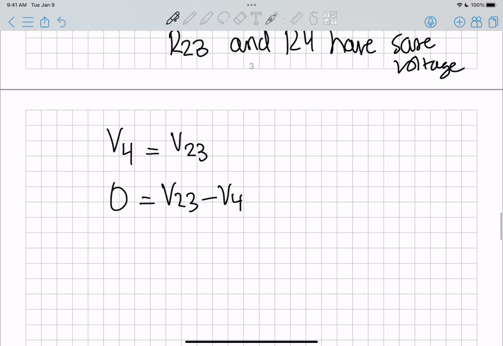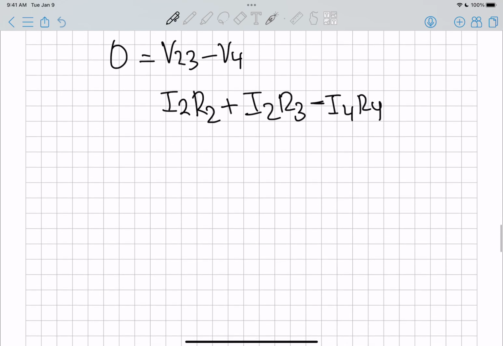So they just did I2, which would be consistent between R2 and R3. So I2 times R2, plus I2 times R3, and then subtract I4 R4 from it.